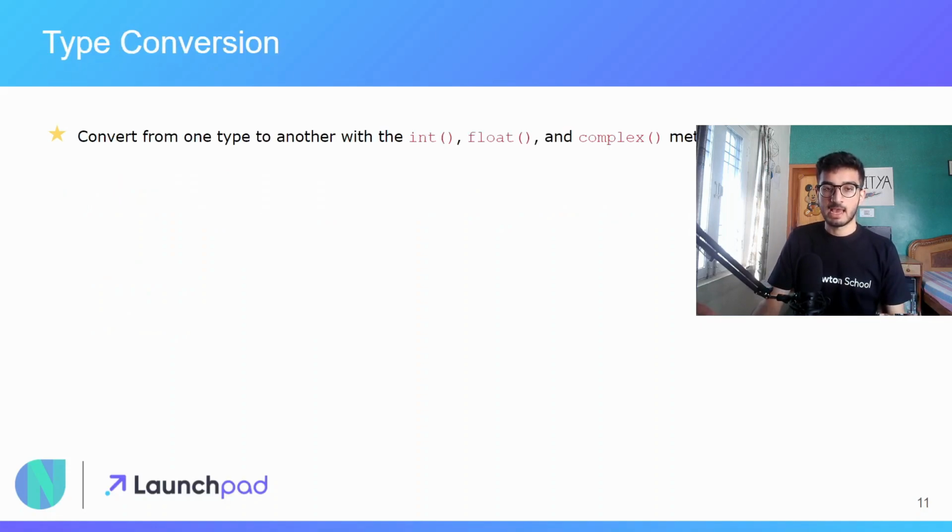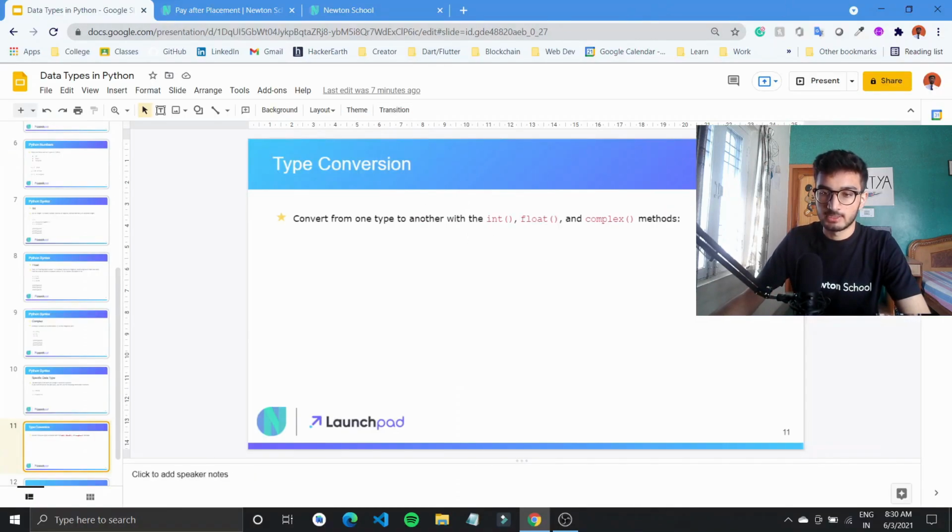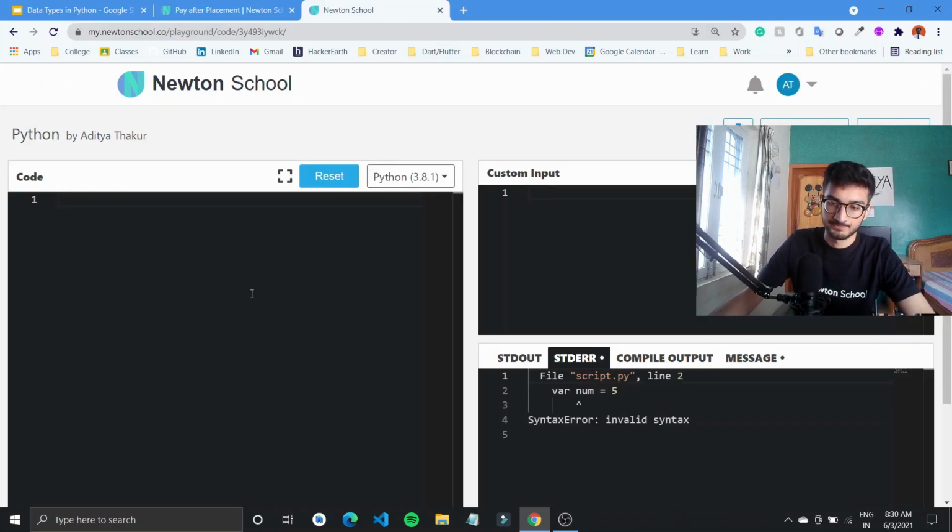And lastly, we have the type conversion. So we can also convert one type to another with the integer, float, and complex methods. If you want to convert one value to another, you can use these methods to convert them, as we saw in this. So let's take a number num equals 5 and print this number, right?